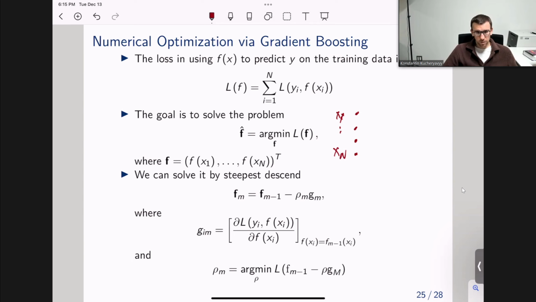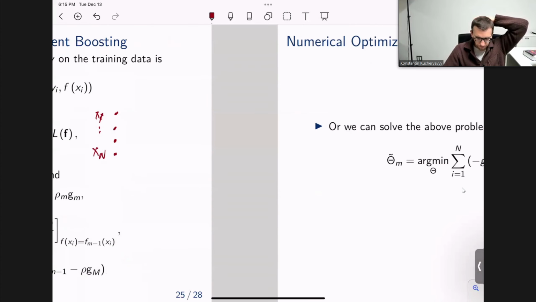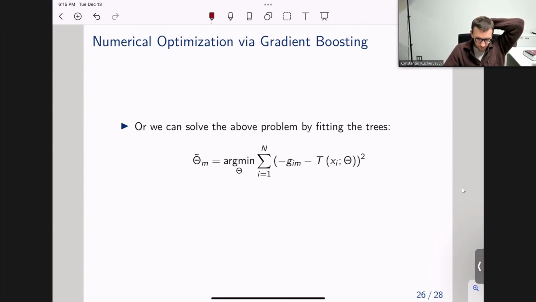So we are not replacing g, but approximating it by fitting it by trees, by solving, say for the quadratic loss, this minimization problem.